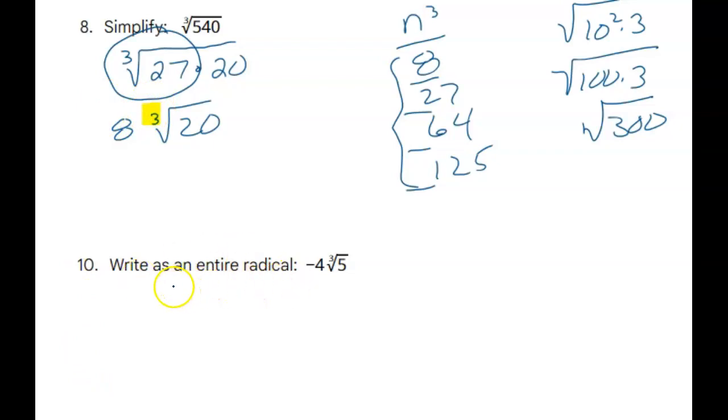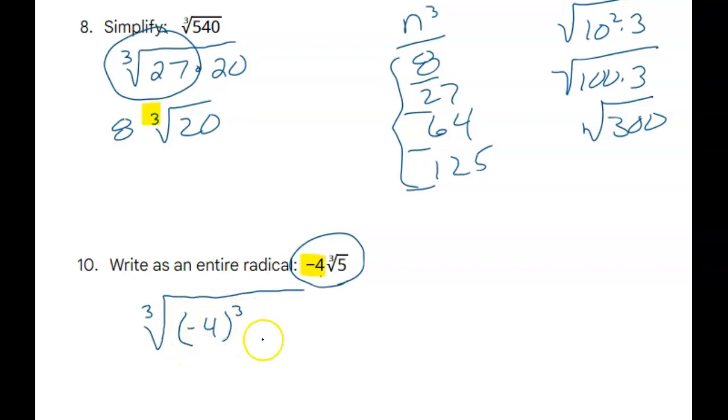And the last question out of this practice set, write as entire radical here. So the process stays the same as with square roots. So we'll write the cube root symbol. Whatever coefficient you have on the outside here, you're going to write underneath the radical sign, but you have to cube the entire thing, times 5. So the cube root, 4 times 4 times 4 is 64.